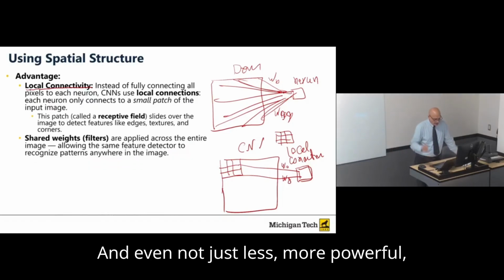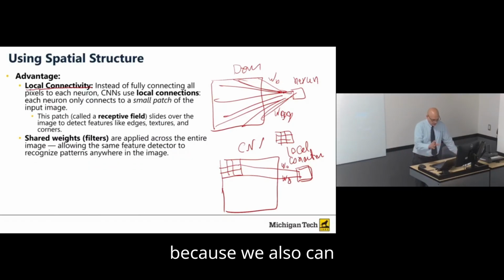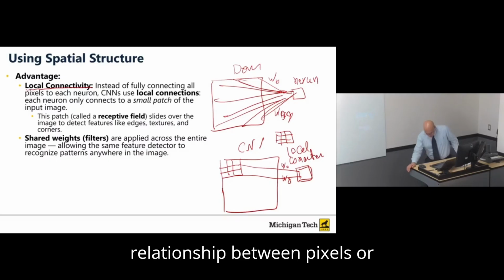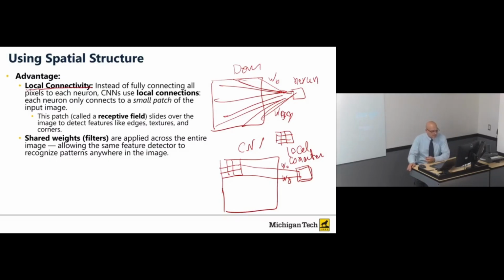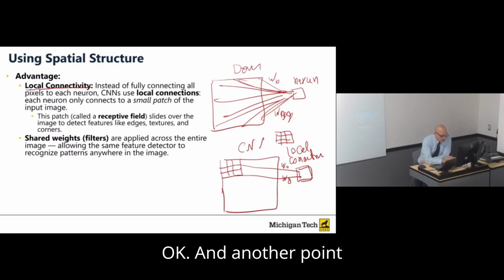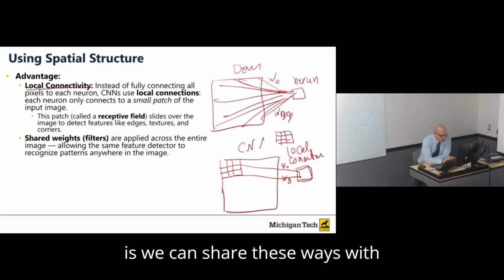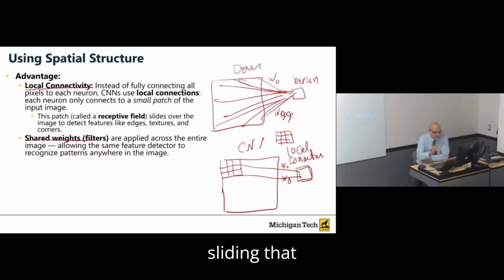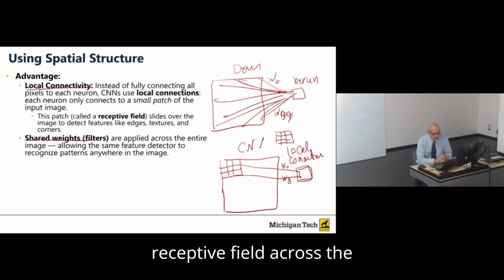And not just fewer, but more powerful, because we can also detect relationships between pixels or patterns. Another point is that we can share these weights by sliding that receptive field across the image.